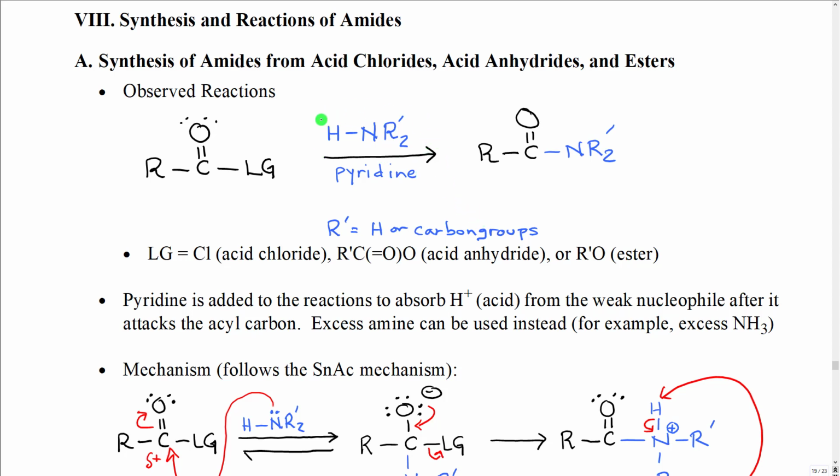The other thing that I want to note here is that I've put R prime 2, just indicating that the carbon groups don't have to be the same, but really we can have any combination of different carbon groups and hydrogens on the nitrogen in this reactant as long as we have at least one hydrogen. So I could have 3 hydrogens, I could have 2 hydrogens and 1 carbon group, I could have 1 hydrogen and 2 carbon groups that are the same, or 1 hydrogen and 2 carbon groups that are different.